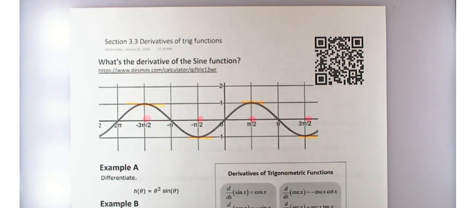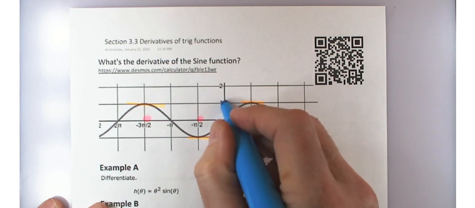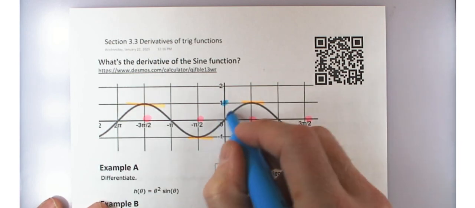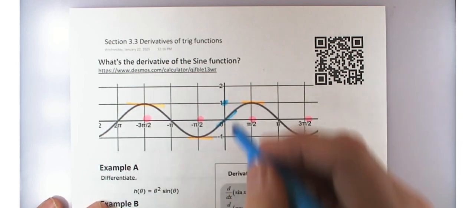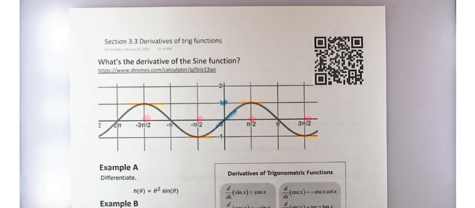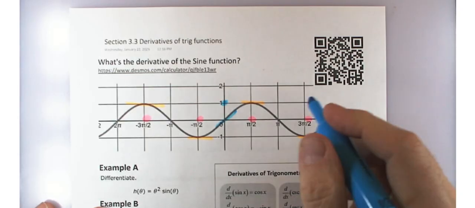Can anyone see a place where the function looks like it might have a tangent line slope equal to 1? Yes? At 0? Yeah, at 0, it looks like a 1. The tangent line would be right there. Looks like it has a slope of 1. Perfect. Where's another point like that? 2 pi, nice.